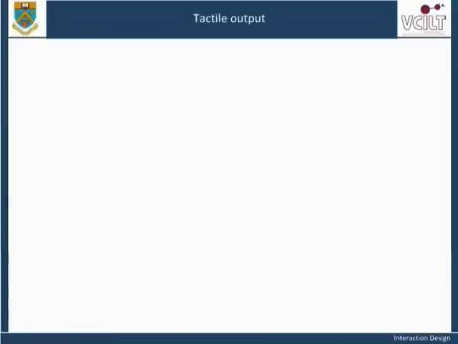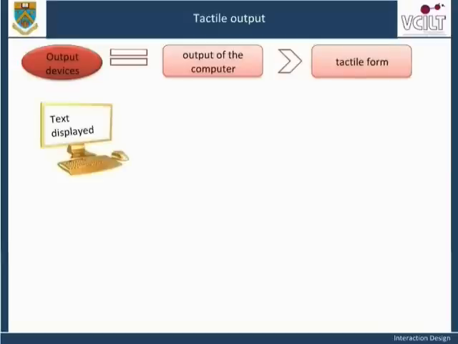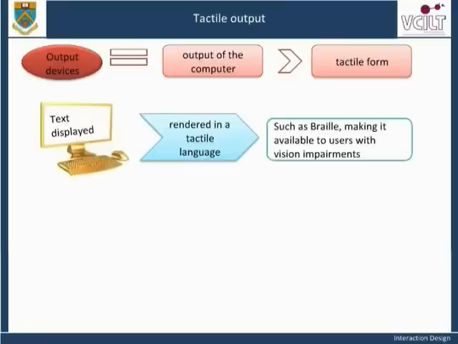Tactile output. Output devices exist that convert the output of the computer into tactile form. For example, the text normally displayed on a computer screen can be rendered in a tactile language, such as Braille, making it available to users with vision impairments.